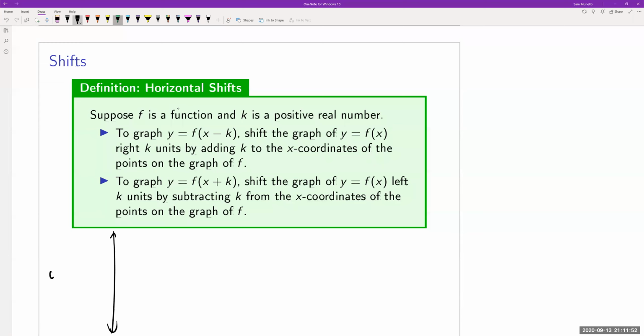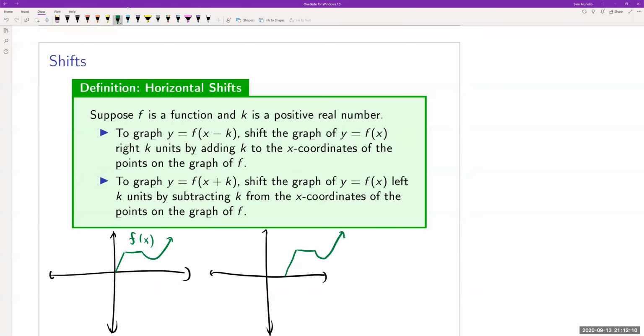So again, we'll reprint our standard f of x graph. And we consider f of x minus k. And we also consider f of x plus k.